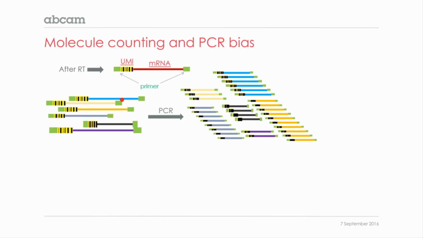So what we get is that different molecules will be represented differently in the amplified material. And this is not so great, because what we are interested in is to quantify what the pool of molecules was before the PCR. But this is actually why we have the UMI.